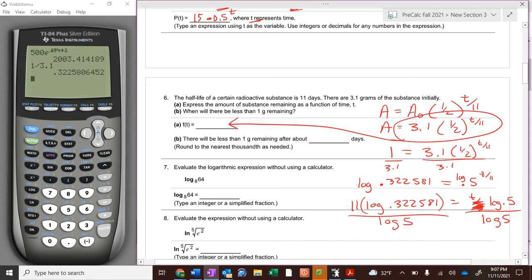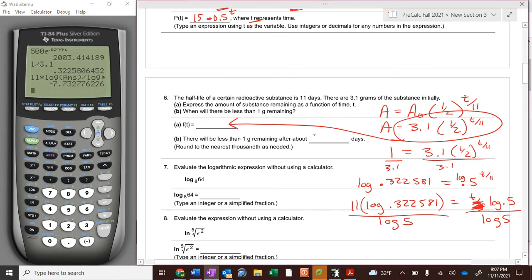So on the calculator, you take 11 times the log of the last answer divided by the log of 5, and we get negative 7.73.